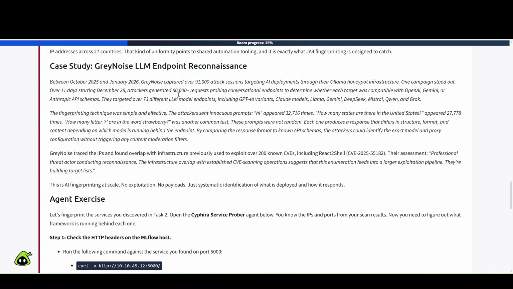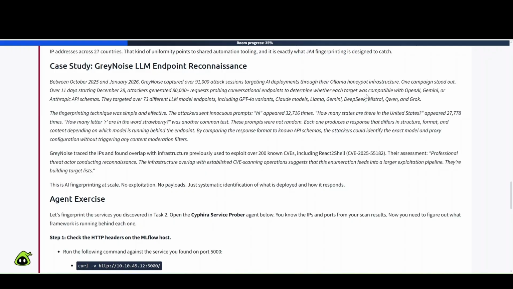Attackers generated 80,000-plus requests probing conversational endpoints to determine whether each target was compatible with OpenAI, Gemini, or Anthropic API schemas. They targeted over 73 different LLM model endpoints, including GPT-4o variants, Claude models, Llama, Gemini, DeepSeek, Mistral, Qwen, and Grok.